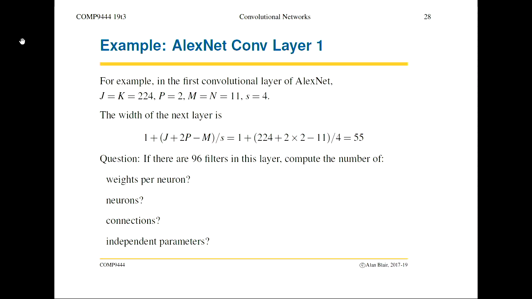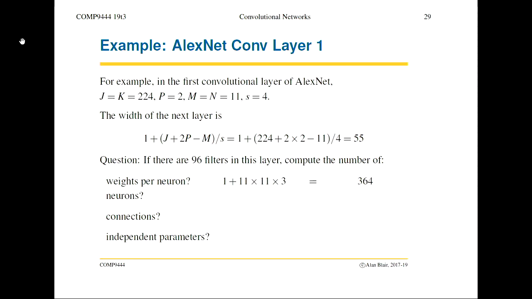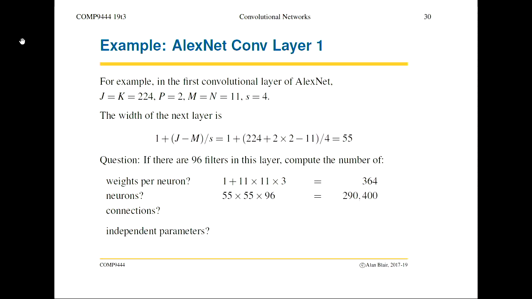So how many weights per neuron? Well, the filter is 11 by 11, and there are 3 colors. So it's 1 plus 11 by 11 by 3. The stride doesn't make any difference to this. The number of neurons: the geometry is 55 by 55, and there are 96 filters, so you multiply those numbers together. The number of connections, you just multiply those top 2 numbers together.